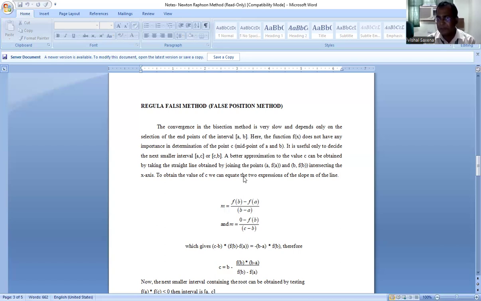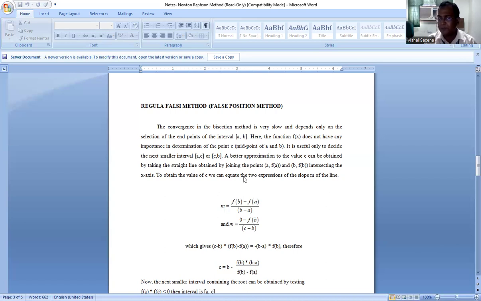First we take a straight line that passes through the two points a comma f(a) and b comma f(b). This line also intersects the x-axis, where y becomes 0, so f(x) becomes 0, and that point can be taken as c.